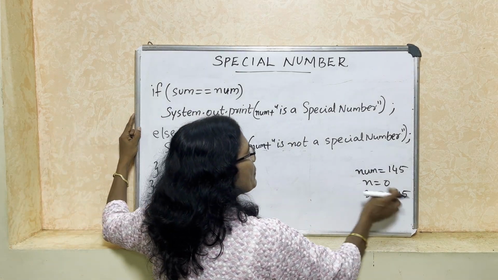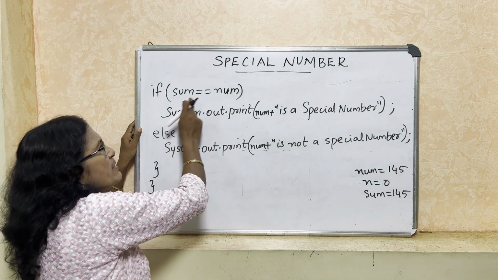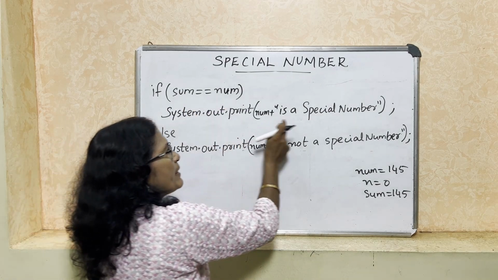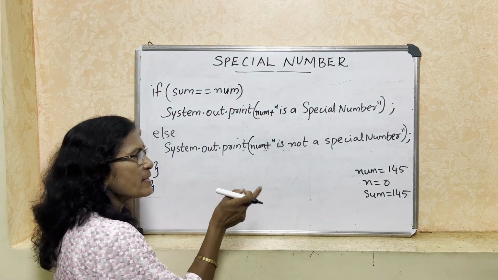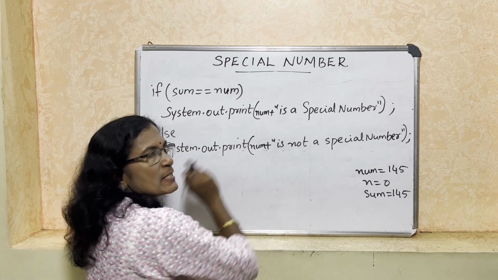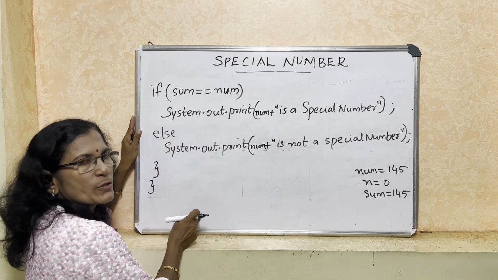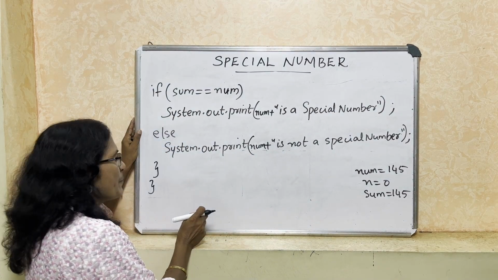Sum is equal to 145 and num is also equal to 145. So if the sum is equal to the value in num, display that num is a special number. 145 is a special number. In this case, 145 will be displayed as a special number. Otherwise, if sum is not equal to num, display that num is not a special number.